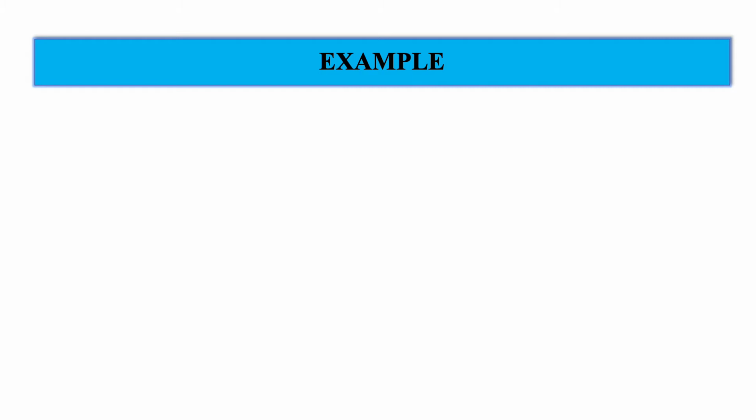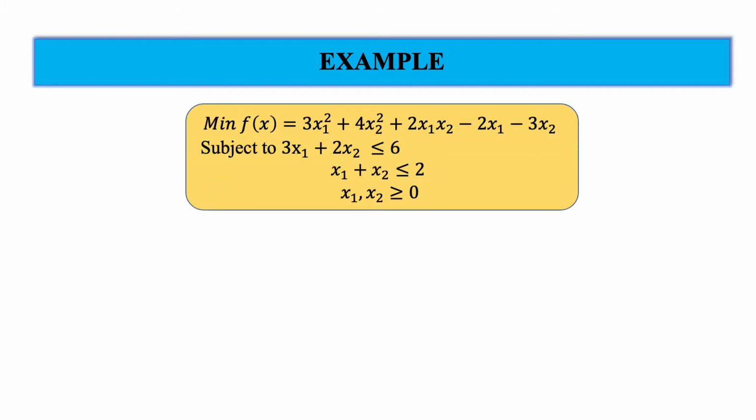Suppose you have this example: minimize f(x) equals 3x1 square plus 4x2 square plus 2x1x2 minus 2x1 minus 3x2, subject to 3x1 plus 2x2 less than or equal to 6, x1 plus x2 less than or equal to 2, and x1 and x2 are non-negative.